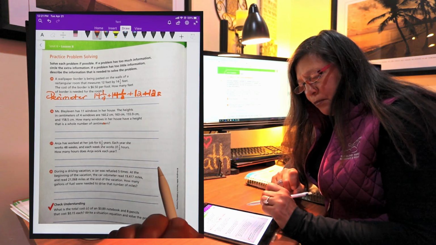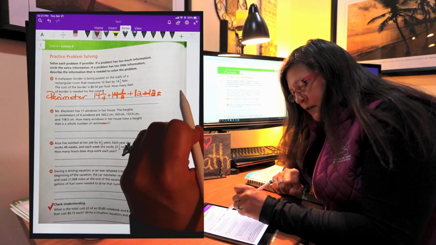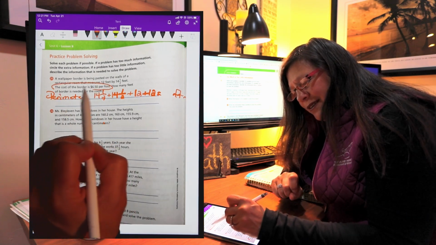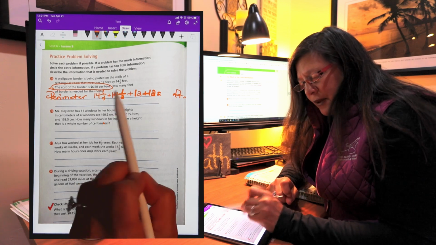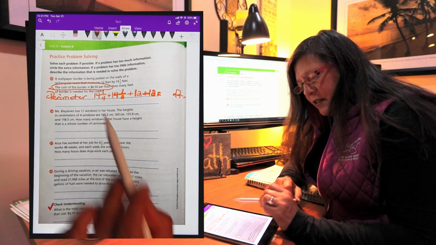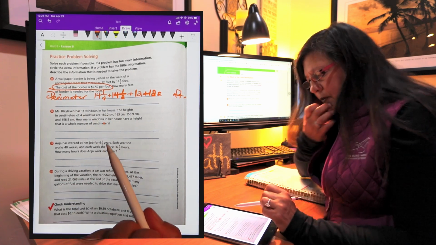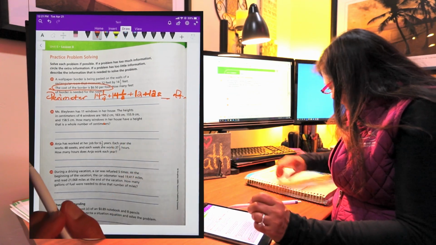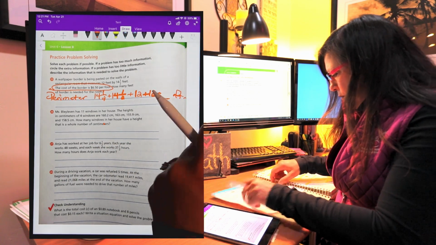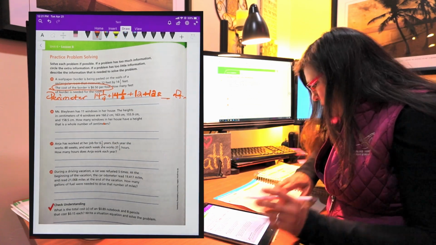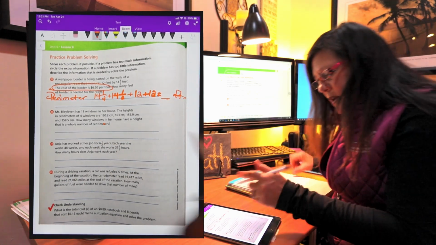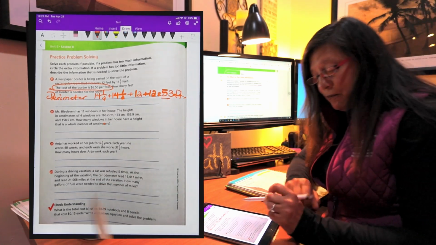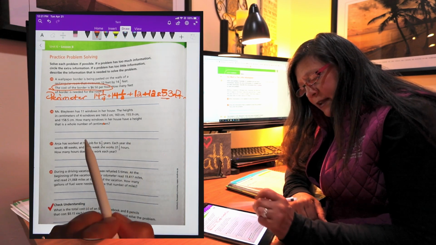That's going to give you how much border we need, and your label is going to be feet. But the cost of the border, how much it is per foot, we don't need to know, because that's not the information to answer the problem. So when you calculate all of that together, you are going to get 53 feet of border. If you didn't get 53 feet of border, go ahead and look back and see where your error is.